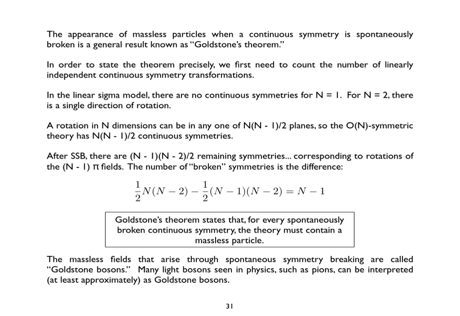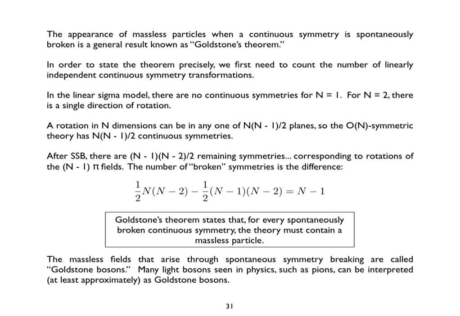I'm trying to think how to say it. You can transform the scalar field in a way that a lot of those Goldstone boson degrees of freedom, so you got n-1 degrees of freedom, and you can modify the scalar field where some of these guys get absorbed by the vector fields, basically.